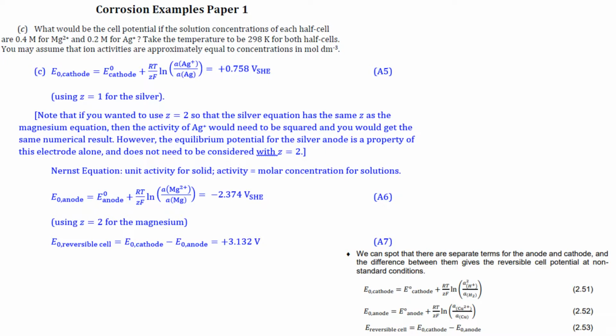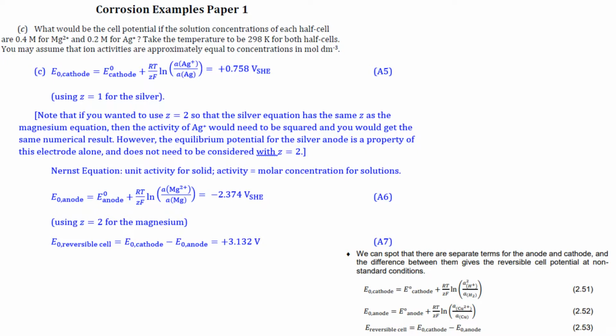So please pay attention that the Z in equation A6 has a value of 2, because 2 electrons are transferred from the magnesium in the bracketed term. Between the magnesium 2+, it loses 2 electrons to be produced from the metal.